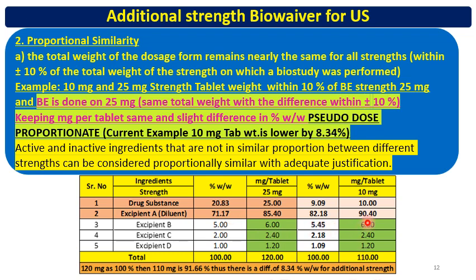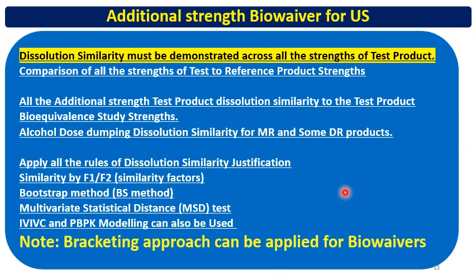And due to this similarity, the percentage will slightly vary from 5% to 5.45%, from 2% to 2.18%, from 1% to 1.09%. But here also the tablet weight difference is within 10% and it is 8.34%. So these are the requirements.